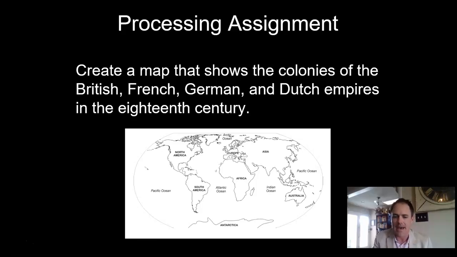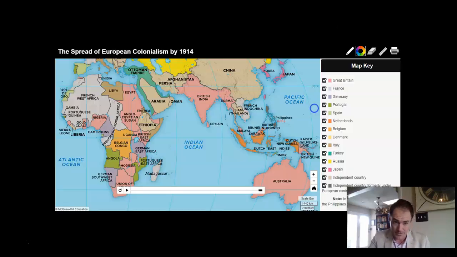So I put this blank map in your assignment, and your task is to show the colonies of those four empires. How you do it is kind of up to you, but as just an example from the book, this is from chapter 25, have a key with those four countries, and then choose a color and then shade the colonies on the map.